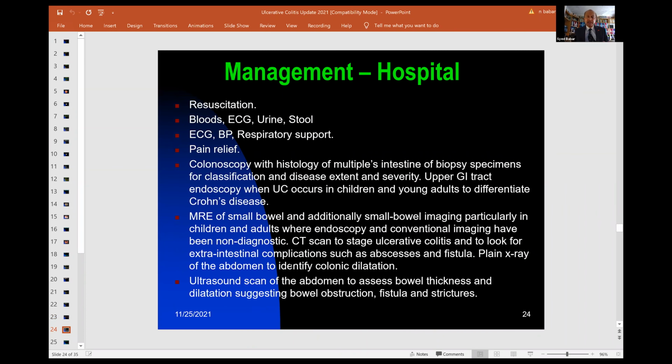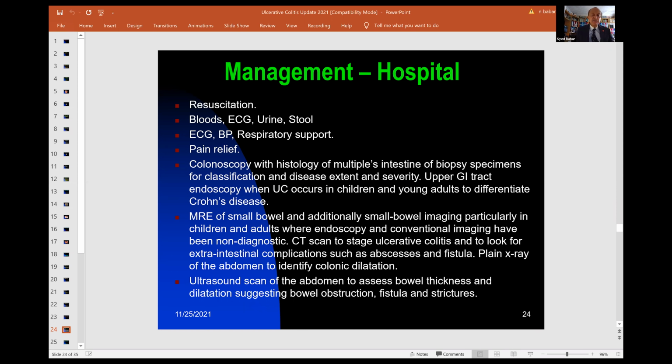So how does one manage the flared up situation or when the person is in a state that hospital admission should be necessary? They would deal with resuscitation, blood studies as we described, ECG, urine and stool. They will do cardiorespiratory support and pain relief, and we'll talk about what to avoid.